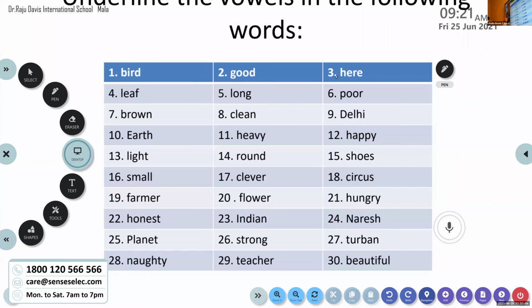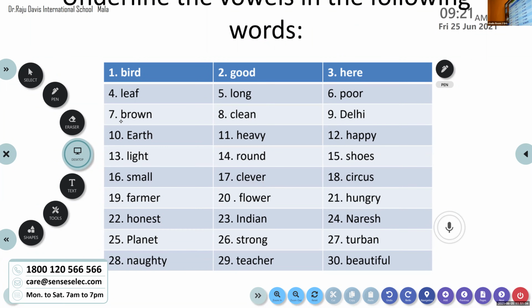Now, Sai Krishna, come on. Are you ready? Read the first word for me. Yes, it is bird. And where is the vowel in it? Which is the vowel there?